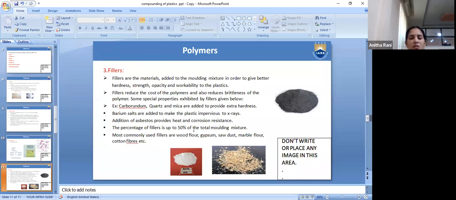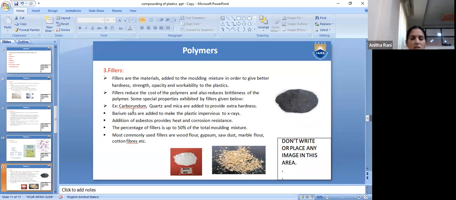So fillers reduce the cost of the polymers and also reduce the brittleness of the polymer. Brittle means easily breakable.